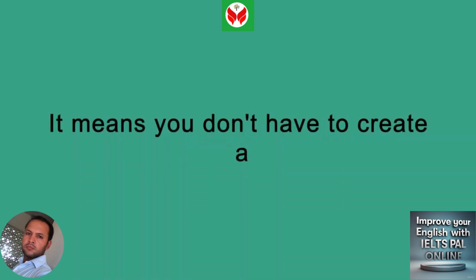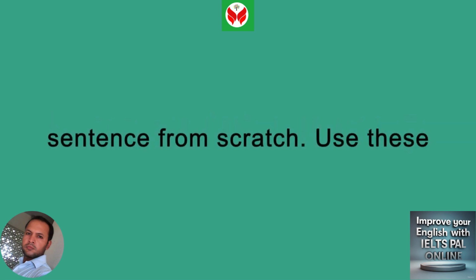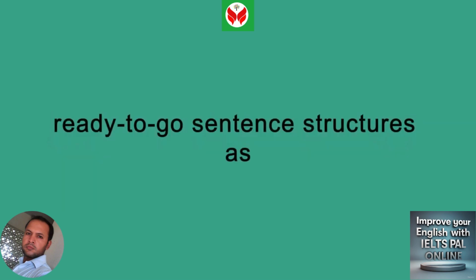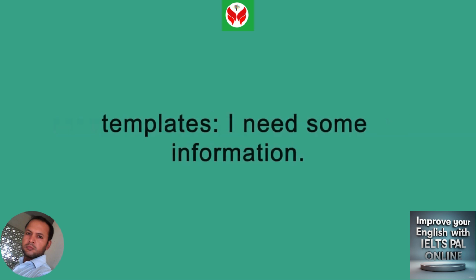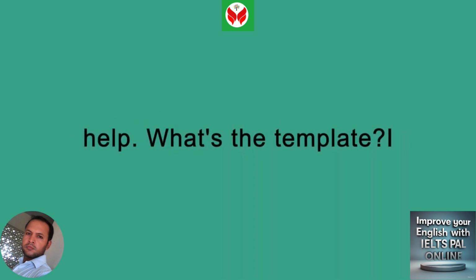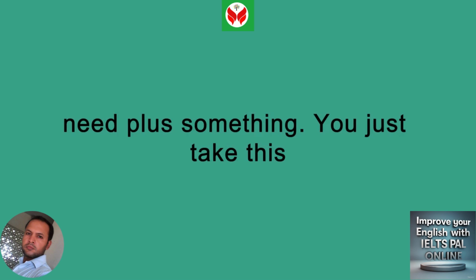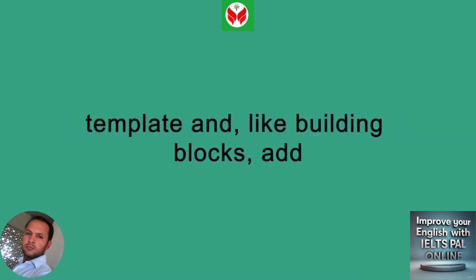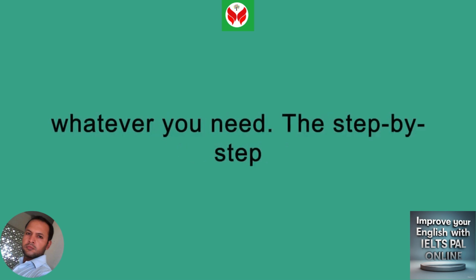It means you don't have to create a sentence from scratch. Use these ready-to-go sentence structures as templates. I need some information. I need a quick solution. I need help. What's the template? I need plus something. You just take this template and, like building blocks, add whatever you need.